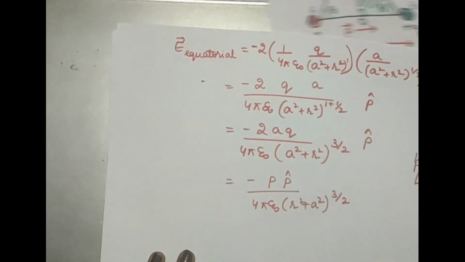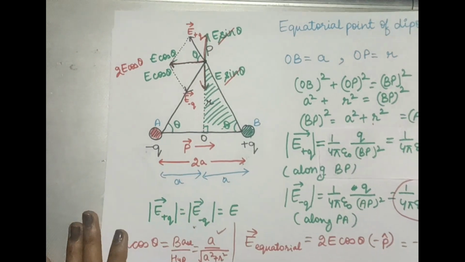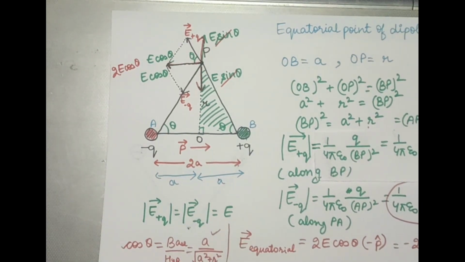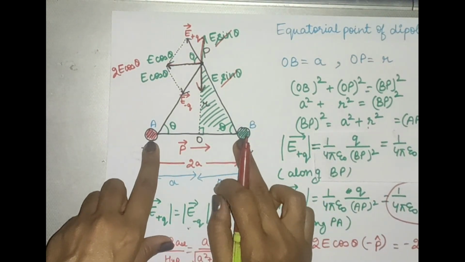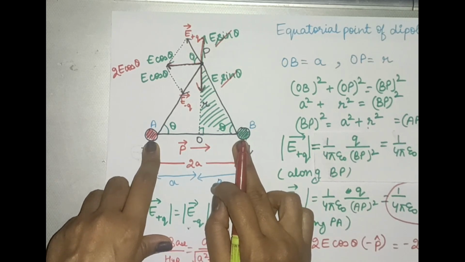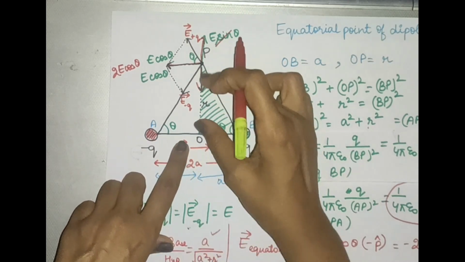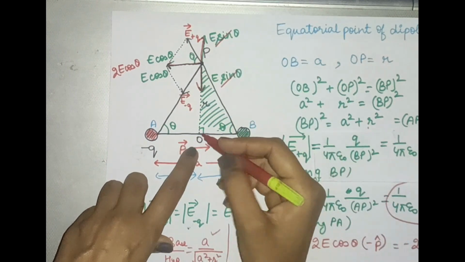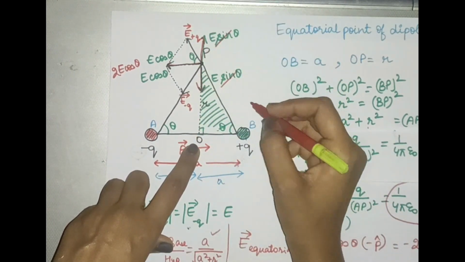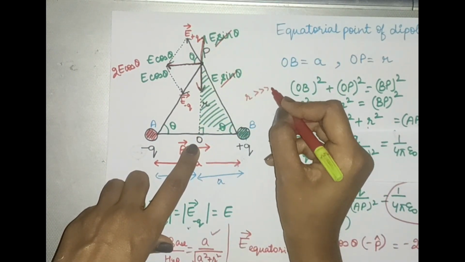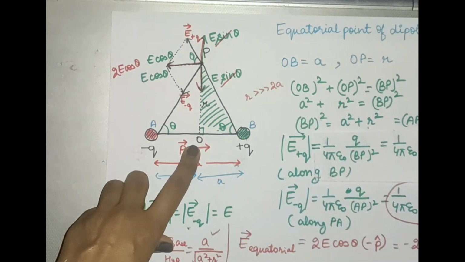Again, as we did in the previous video, we considered that the length of a dipole is much smaller as compared to the distance, which means my r is much greater than 2a.